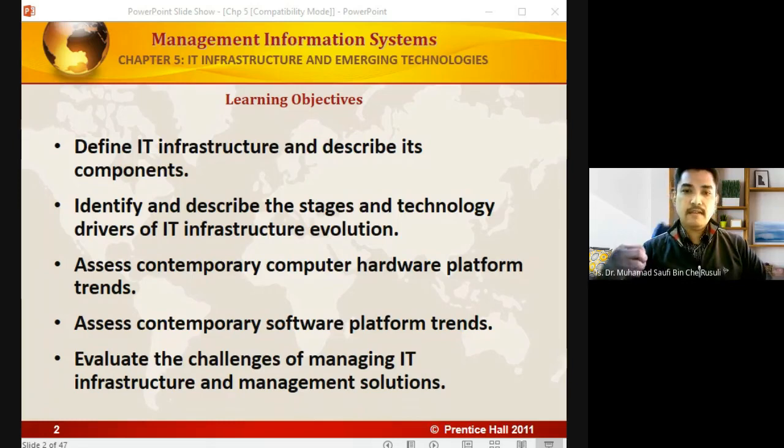Logistic memang dia akan gunakan IT ni sebenarnya untuk capture dia punya movement, capture dia punya apa nama ni product being transfer. Okay, sekejap saya tengok.